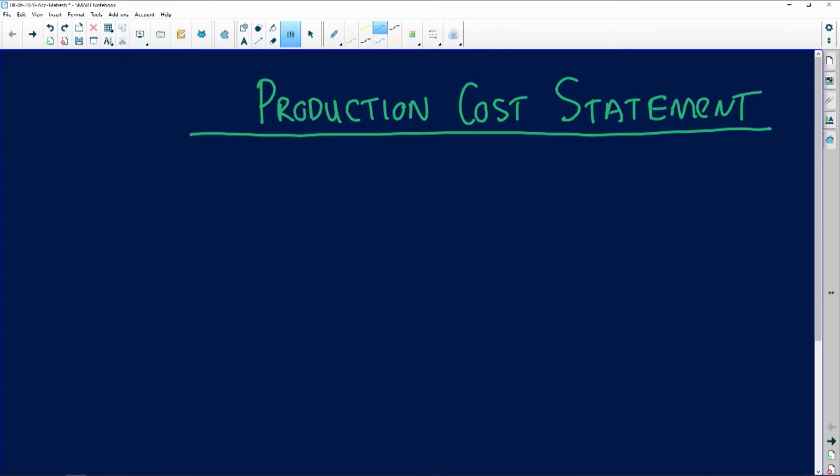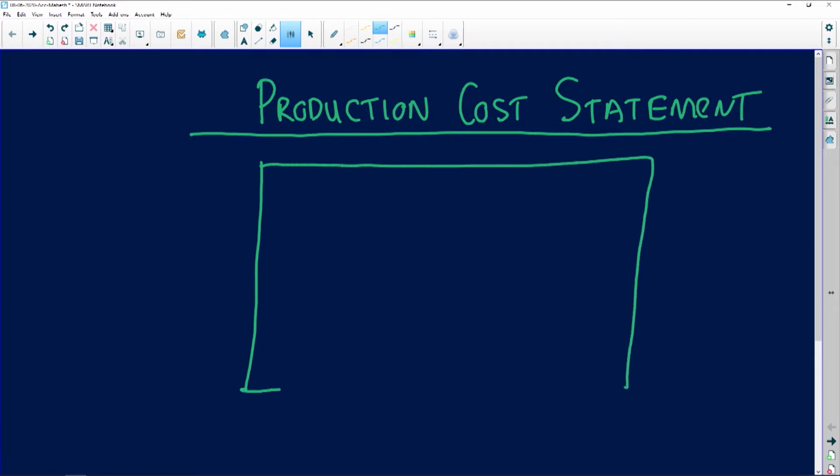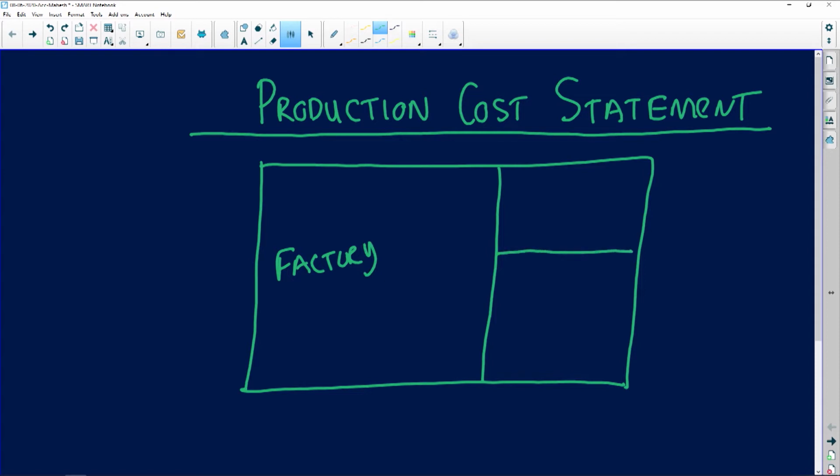Now remember Mindsetters, when we're looking at the production cost statement, and I know that I obviously did this last week, when we look at our business premises, remember the bulk of the premises, the space is obviously taken by the factory. That is where the production takes place. Then we've got a small office where all the admin takes place.